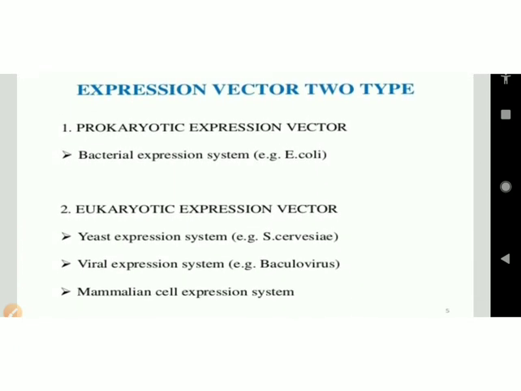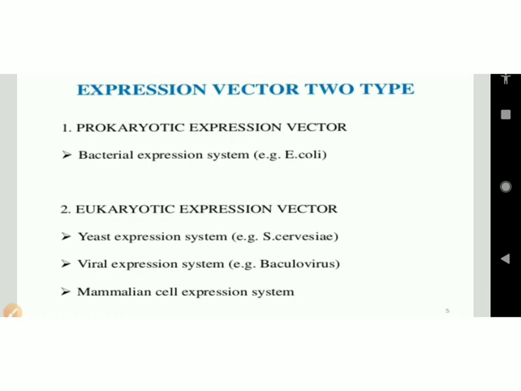Then expression vectors are of two types: prokaryotic expression vector, that is the bacterial expression vector in E. coli cells, and the second type is the eukaryotic expression vector, that is the yeast expression vector, S. cerevisiae, the viral expression vector, Baculovirus, and the mammalian cell expression system.